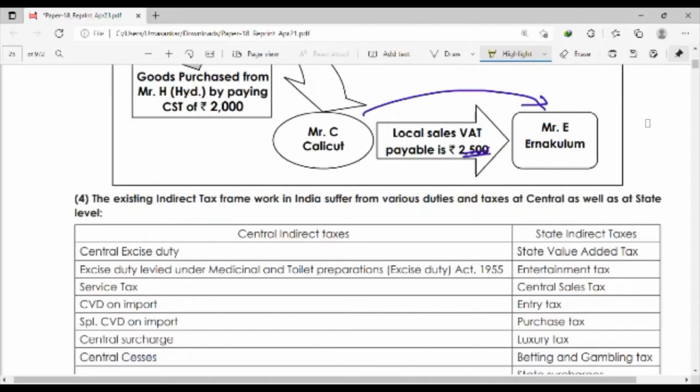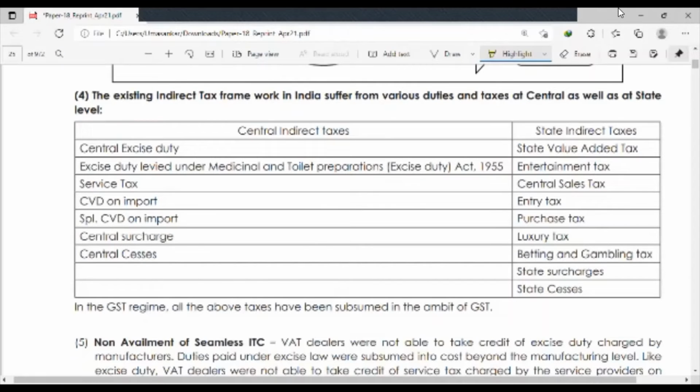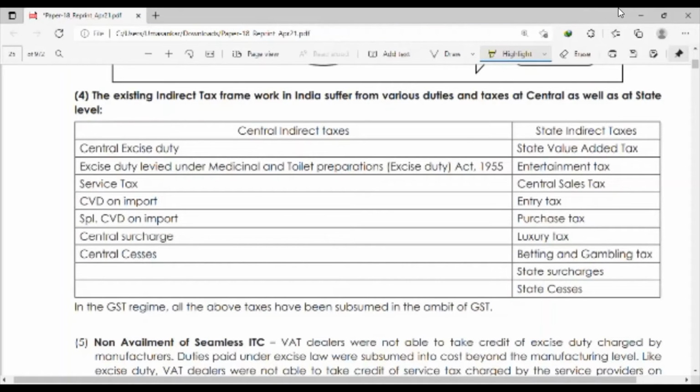Okay. So here are some examples of central indirect taxes and state indirect taxes. Central indirect taxes: central excise duty levied under medicinal and toilet preparation, service tax, CVD on import, special CVD on import, central surcharge, central cess. These all are central indirect taxes. And what are state indirect taxes?